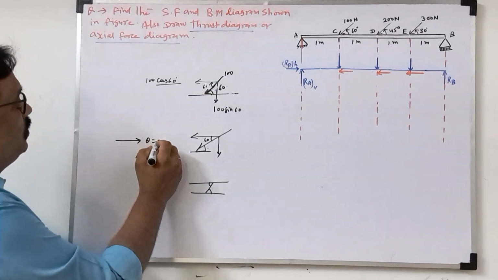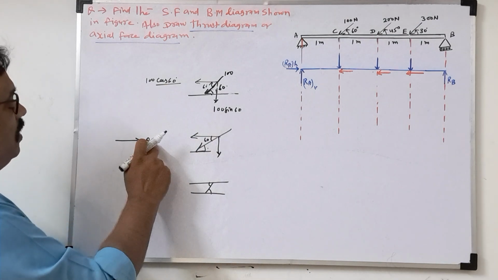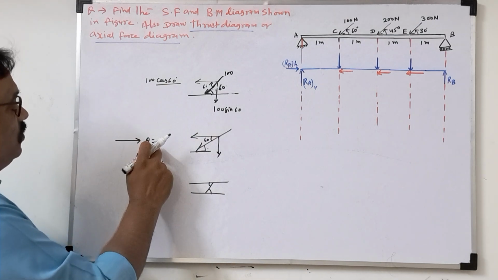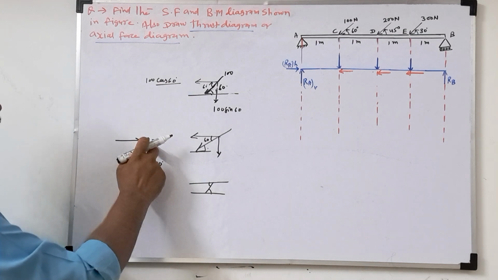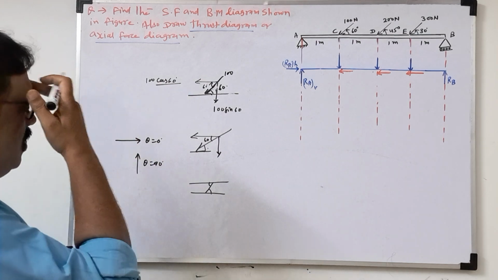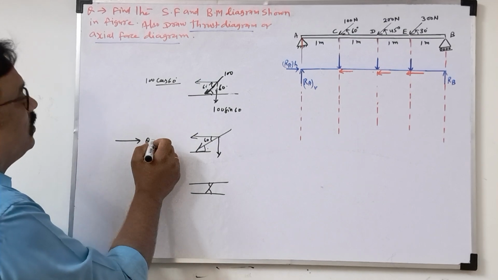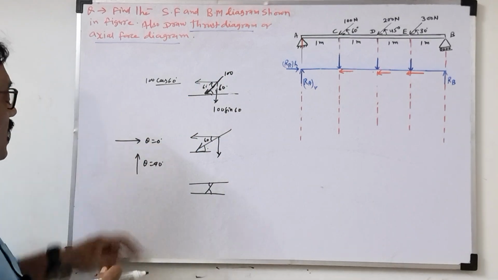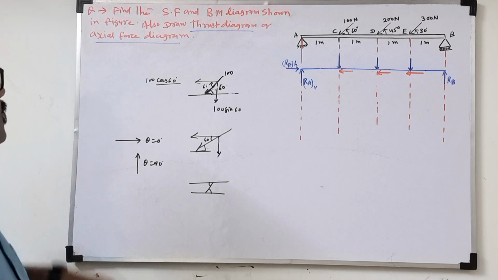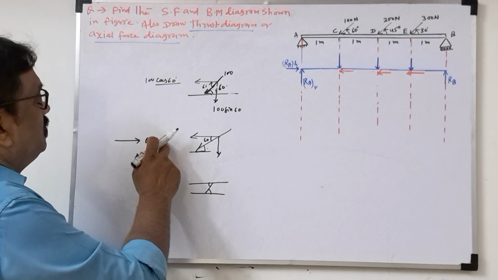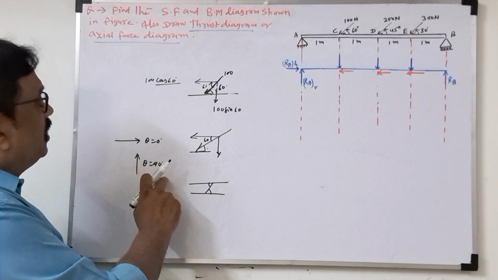A horizontal force has a single component and a vertical force has a single component, because here theta is equal to 0 degrees, and here theta is equal to 90 degrees. For the horizontal force, cos 0 is 1, so only the horizontal component exists, but the vertical is sin 0, which is 0. For the vertical force, the horizontal component will be 0.